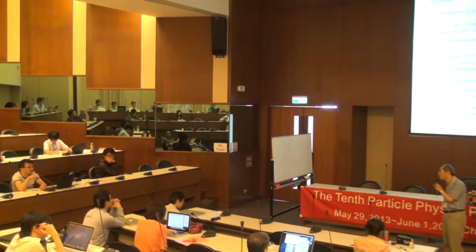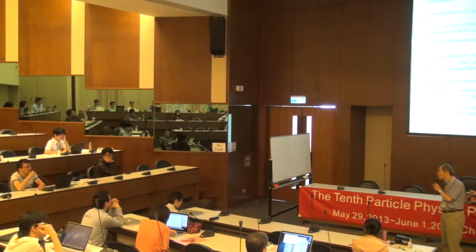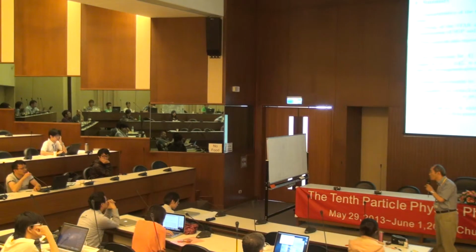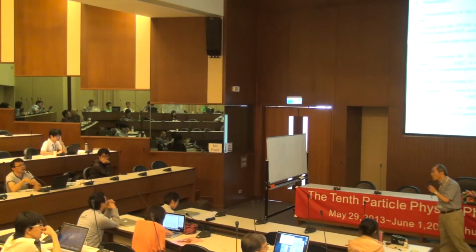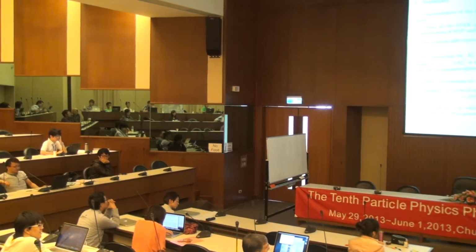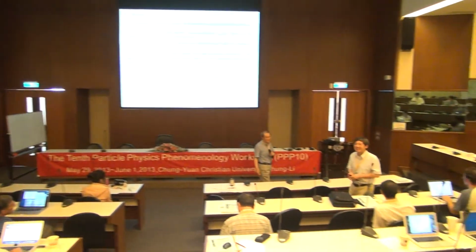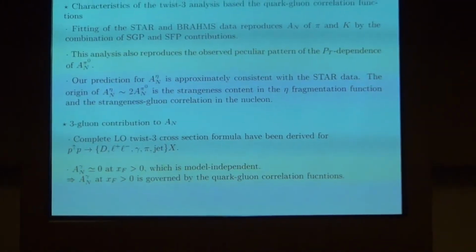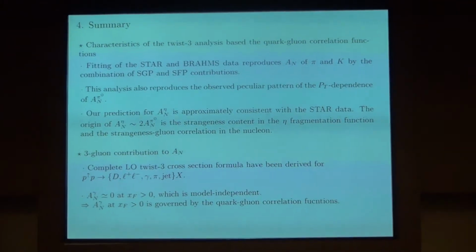In your case, which is just the shape function, I wonder whether you can determine this asymptotic behavior of this non-perturbative function, like a correlation function, like for B mesons. I think it's beyond the scope of his talk. Okay, I think we have to change to the next speaker. So that's the second question. Okay, the next speaker is Professor Wakamatsu.